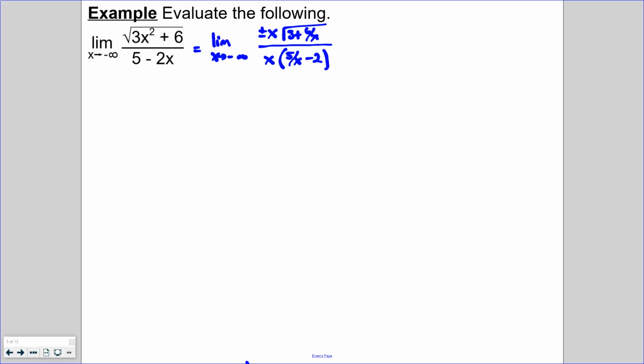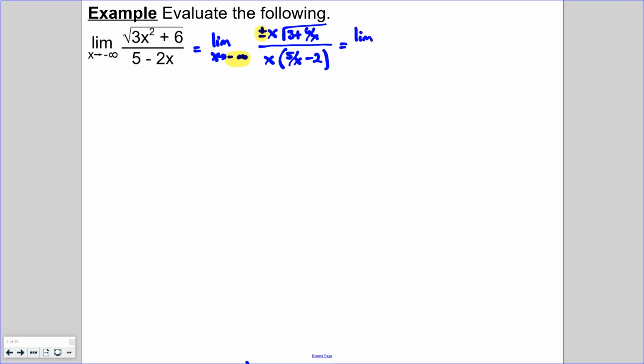And then the important part here is, well, now we just have to deal with that whole plus or minus x thing. Which x are we going to use? Well, last time, when it went towards infinity, we used the positive x. Here, our x is approaching negative infinity, which means we'll use the negative x version of this.